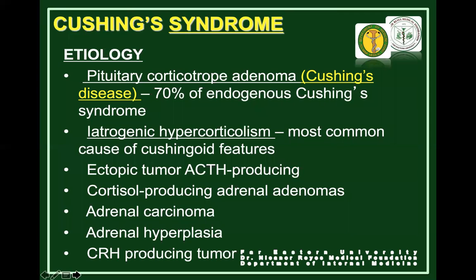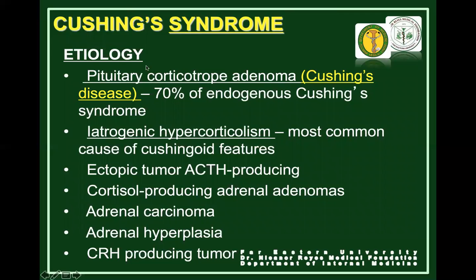Okay. Now, Cushing's disease is mainly a pituitary adrenocorticotrope adenoma. Cushing's syndrome is the excess in cortisol in the body.